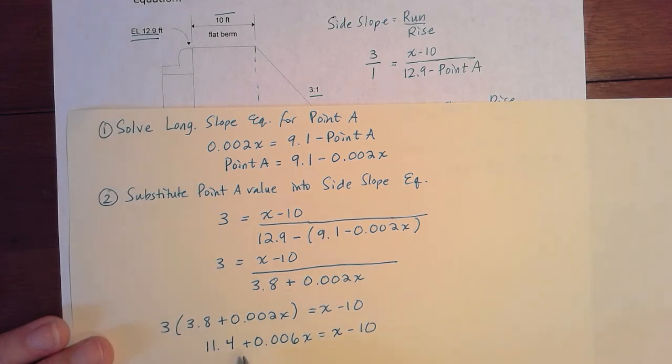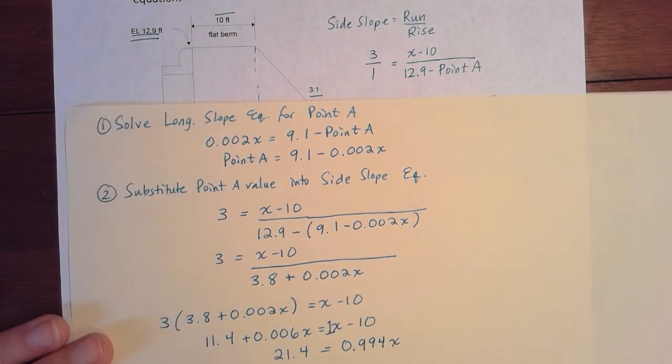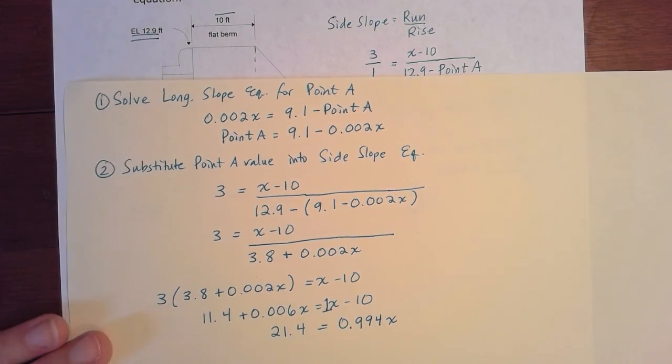So I'll go ahead and bring the 10 to this side, add that up. I get 21.4 on this side. Bring the 0.006x to this side, so I have to subtract it, so I get 1x. Remember that has a 1 in front of it. So I have 0.994x on this side. Divide both sides by 0.994, and I do get x equal to 21.5 feet.